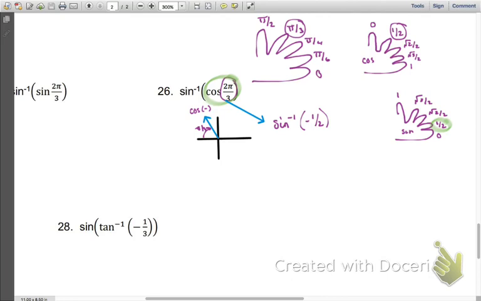So negative 1/2 is going to go this direction. So then it's going to be a negative pi over 6. Does that make sense? Or you can think about it as going up here, it's still going to be a negative value there, right?